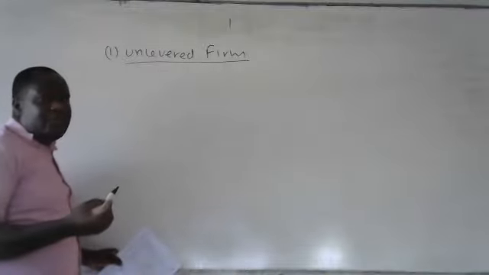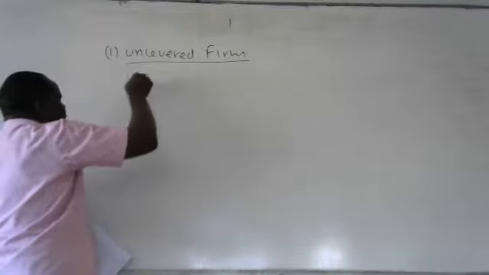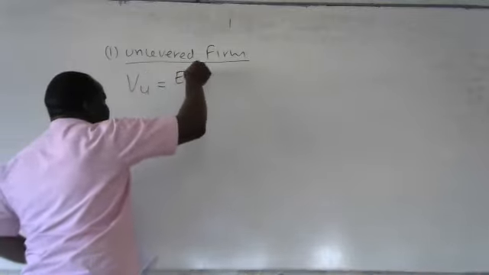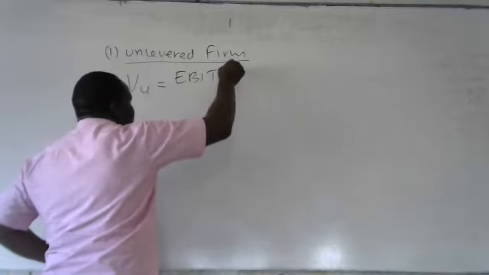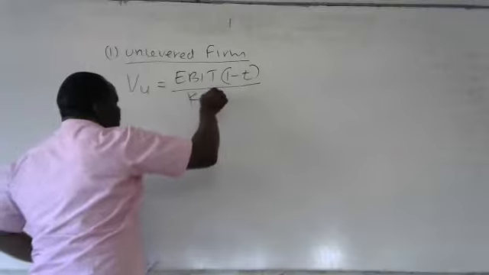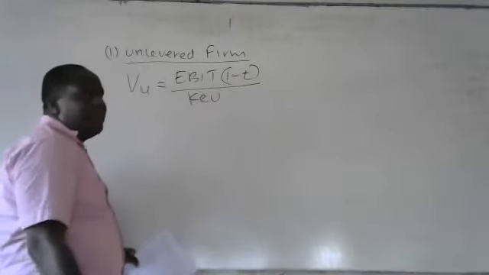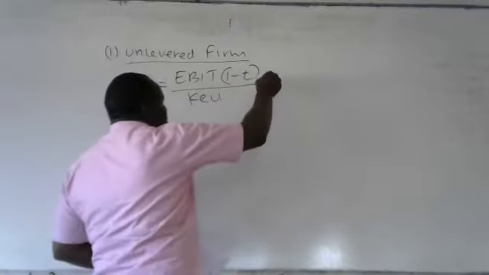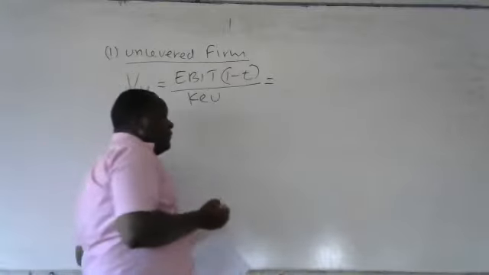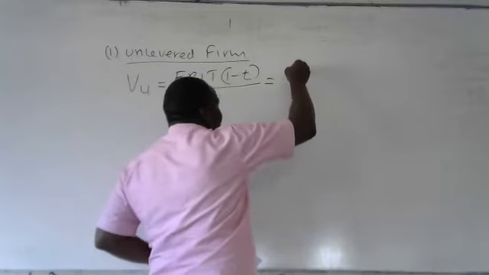When there is tax, to compute the value of the unlevered farm, it will be earnings before interest and tax times 1 minus the tax rate, divided by KEU. We already know our earnings before interest and tax was 51.2 million.